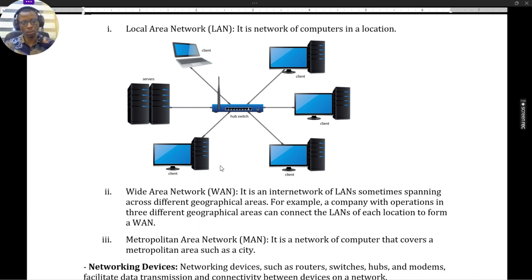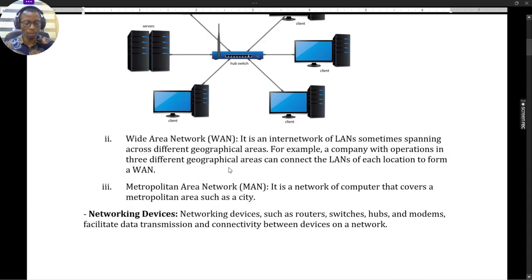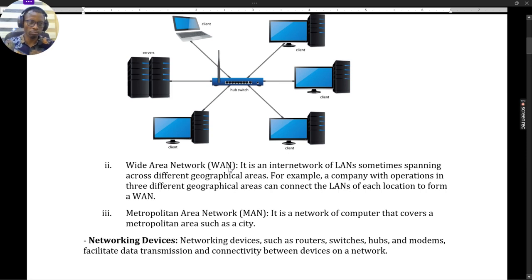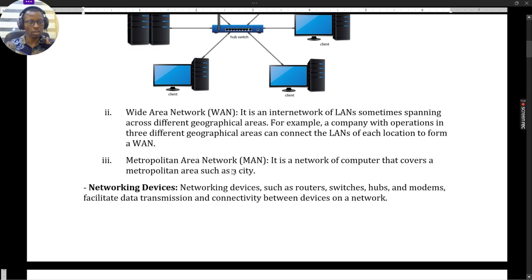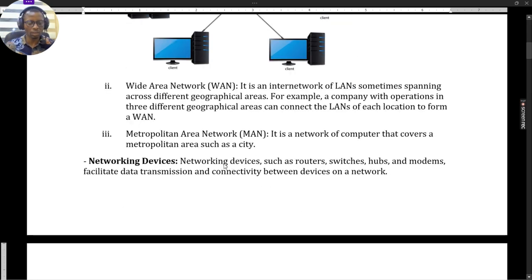And when it comes to metropolitan area network, which is MAN, it's more classified based on geographical area, maybe a city that has their own networks, so that makes up a metropolitan area network. So the concept still remains the same. They all have some things in common. They are all different types of connection of our computers.